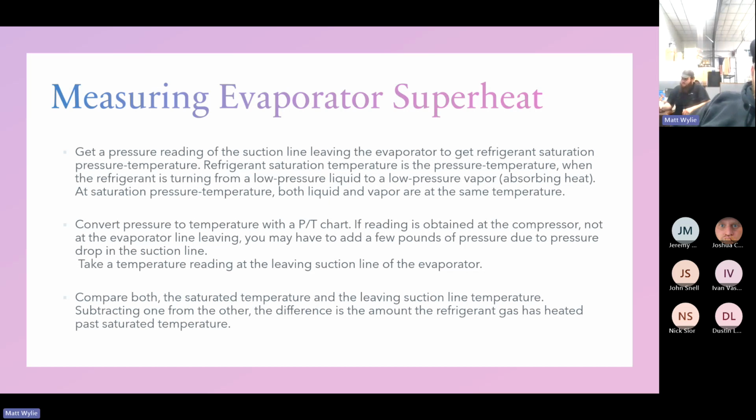At saturation pressure temperature, both liquid and vapor are at the same temperature. Convert the pressure to temperature with a PT chart. If your reading is taken at the compressor, not at the evaporator line leaving, you will have to add a few pounds of pressure due to pressure drop in the suction line.